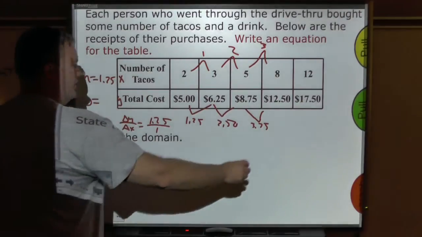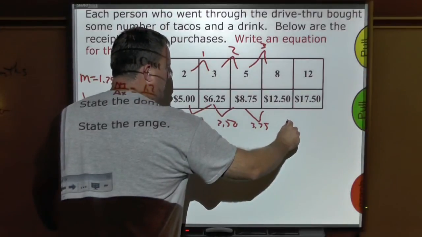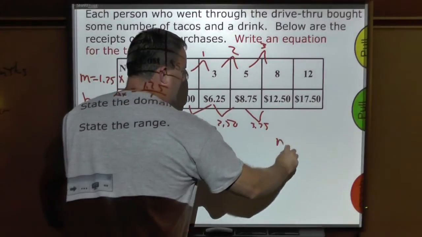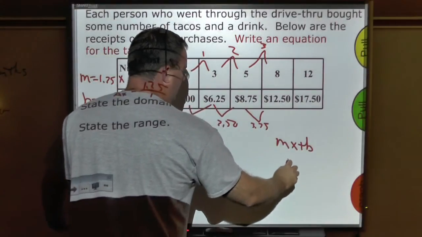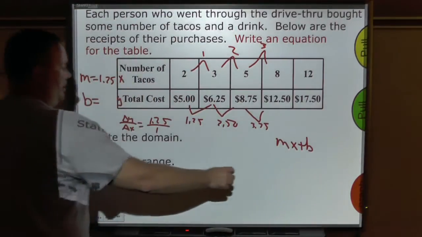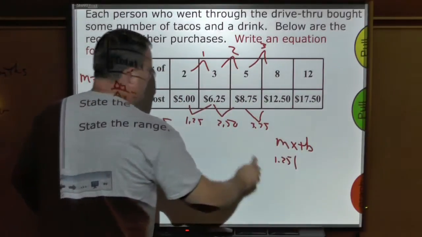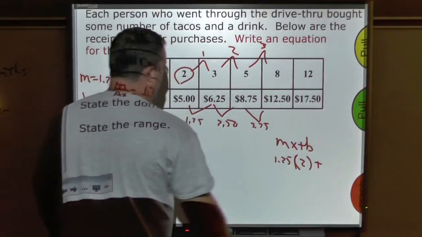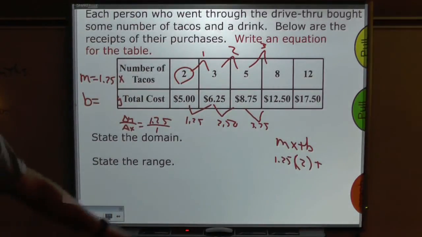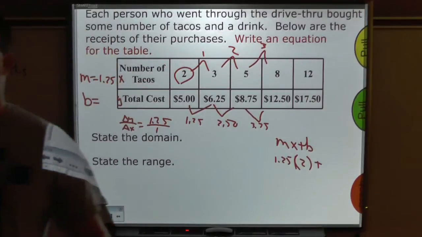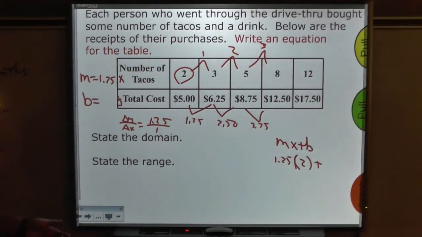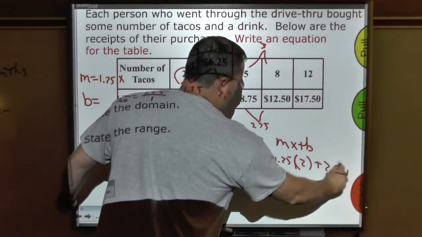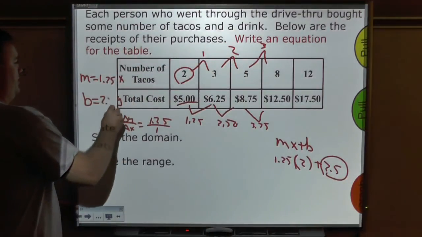You take that rate of change and write it in that mx plus b. The rate of change is $1.25 times any value of x, let's just use that one, times 2 plus some number has to give me 5. Well, $1.25 times 2 is $2.50. $2.50 plus another $2.50 will give me $5. So as I look at this, my value of b is $2.50.